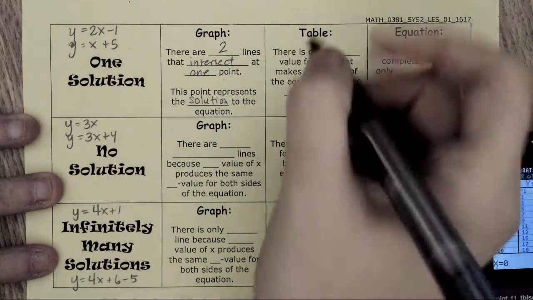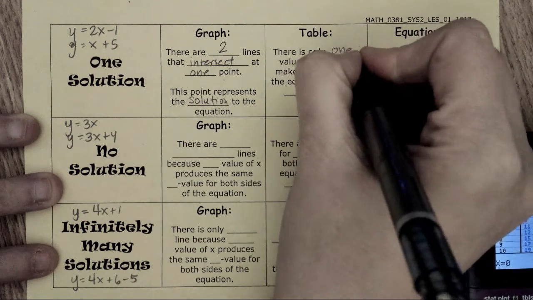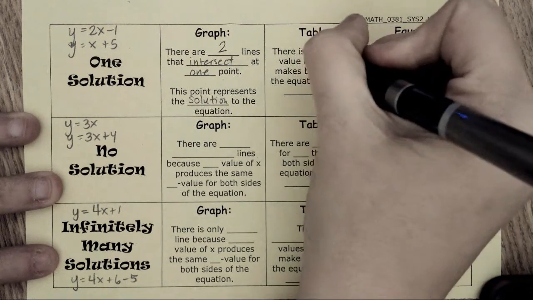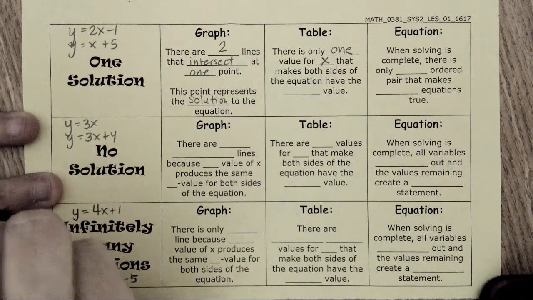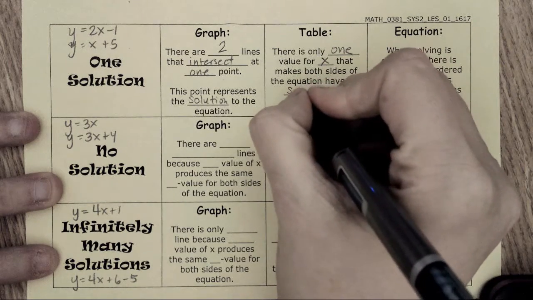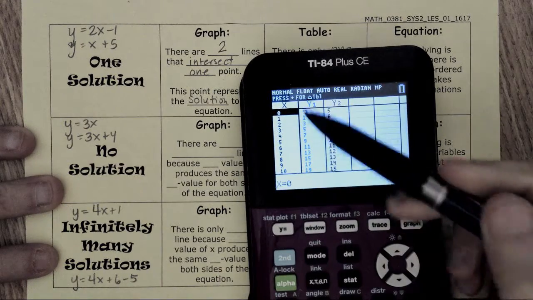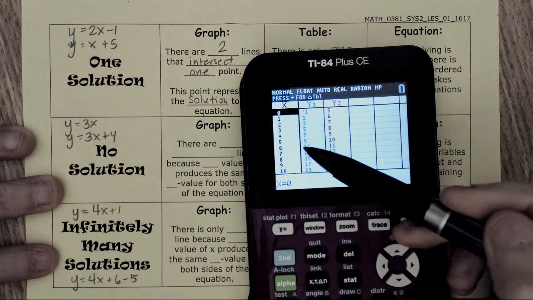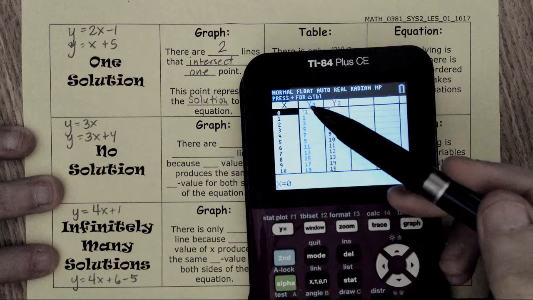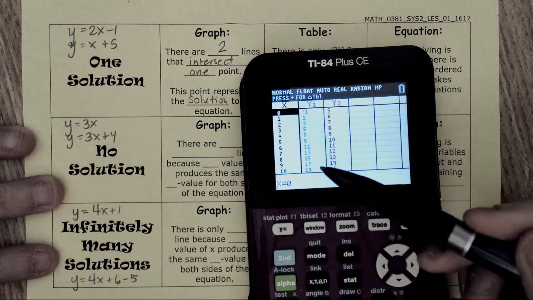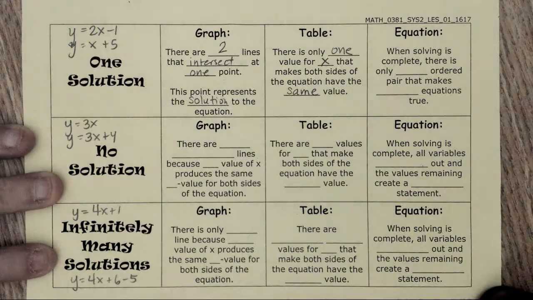So in this case, there is only one value for x that makes both sides of the equation have the same value. Okay? And there's lots of values of x here, but only this one right here is the only one that makes me have the same output. Okay?